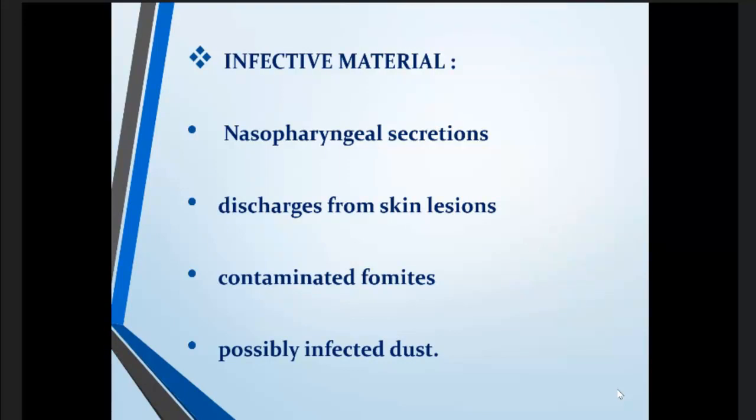Of course, it is transmitted by nasopharyngeal secretions. Also, in cutaneous diphtheria, discharge from skin lesions is also infective. Contaminated fomites, utensils, and articles, and there is a possibility of transmission through infected dust also.